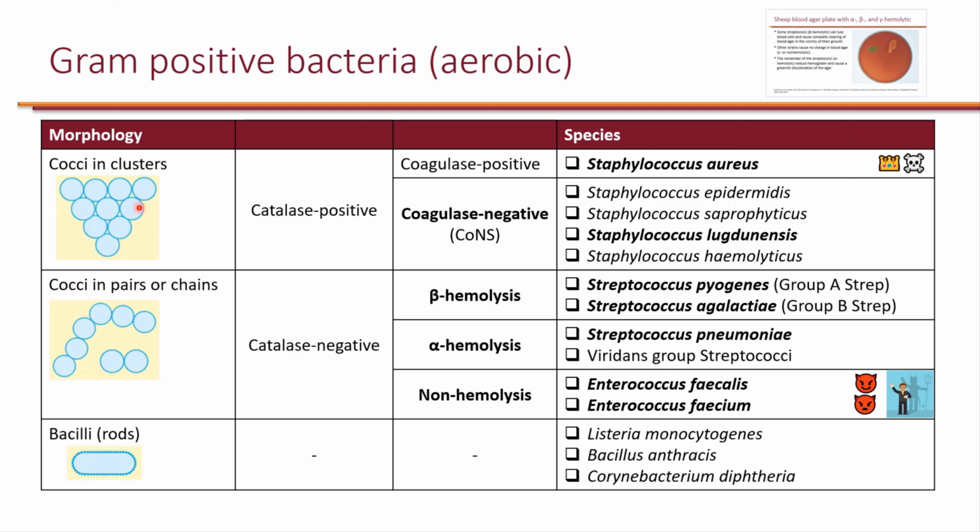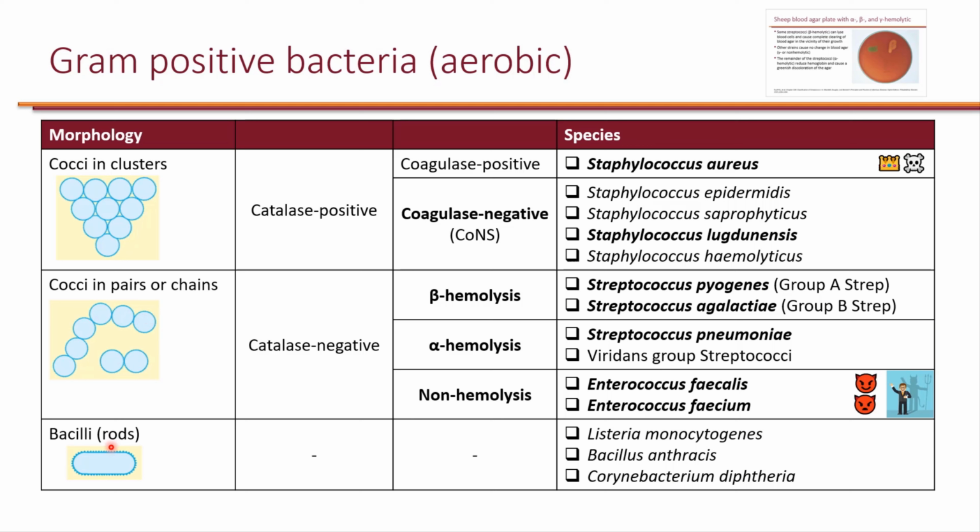So cluster means that several of them are clustering together. And then you can have cocci, which is essentially circles, in pairs or chains. So pairs will be a couple of them, and sometimes that's referred to as diplococci. And then, if you have a chain, they don't cluster. It's just like a chain.